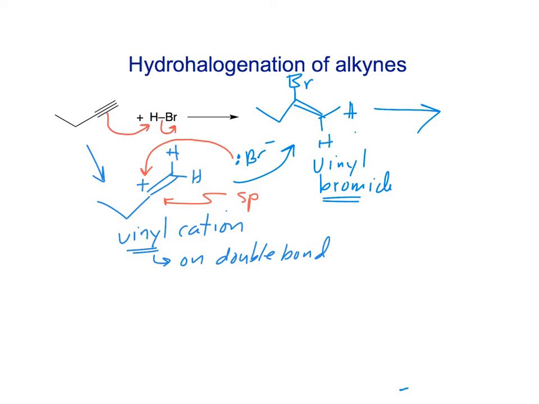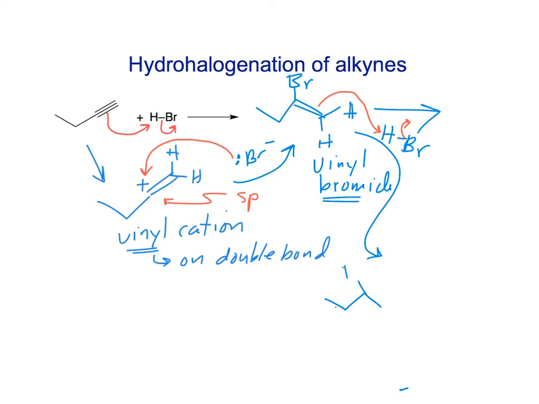If we do that, we add HBr. Because we still have a pi bond, the reaction follows the same type of mechanism again. It's going to protonate, but this gives us two possibilities for the carbocation.